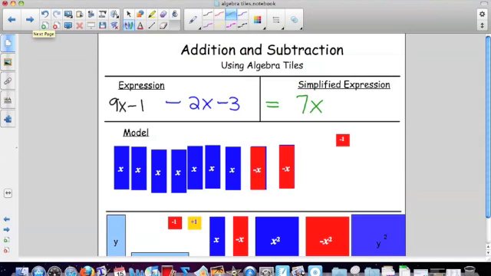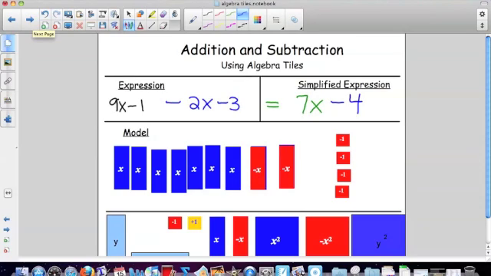Now I know with this negative 1, I have to add 3 more negative unit cubes. So 1, 2, 3. And notice there are no positive unit cubes to cancel the terms out. So how many negative unit tiles do I have altogether, Drew? 4, right. So my final answer would be 7x minus 4.